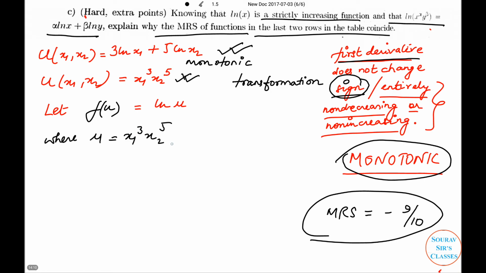So if I now substitute this here, f(u) will be log of, in place of u, I am writing this x1 cube x2 to the power 5.